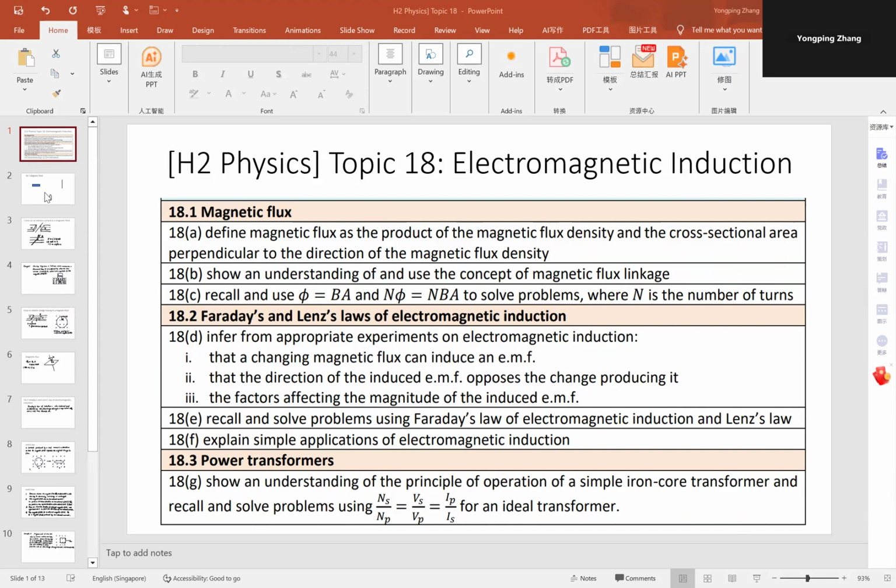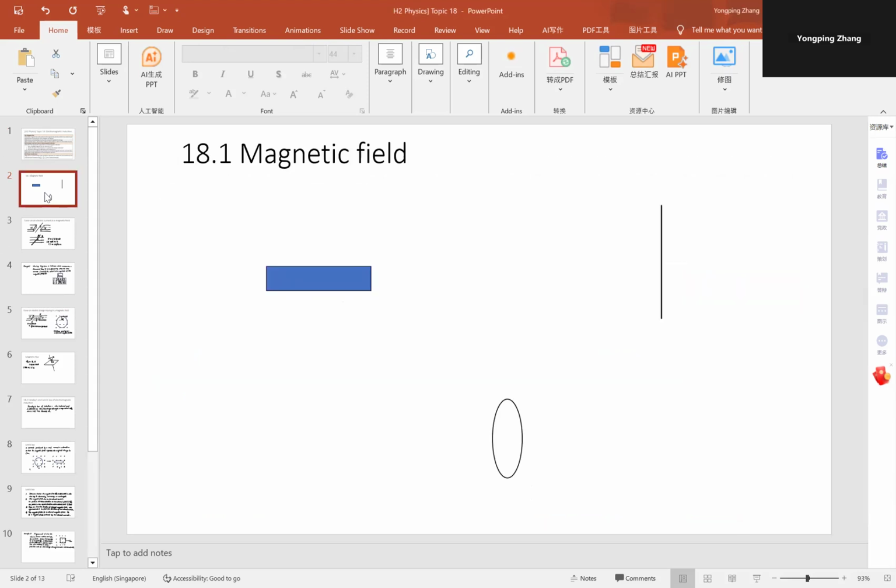First, we talk about the magnetic field. This is for a bar magnet. The magnetic field is about this.